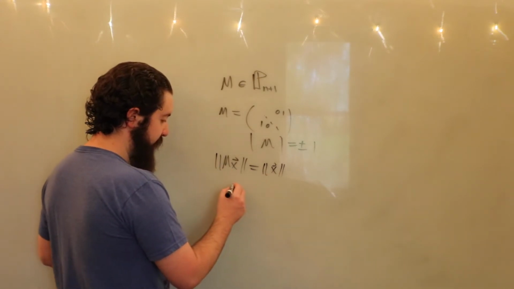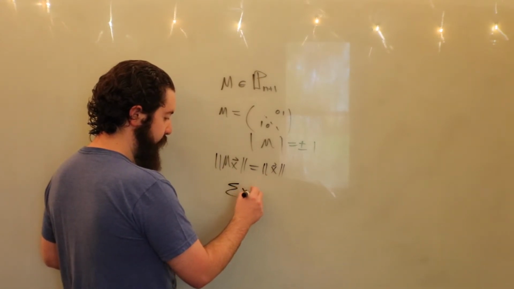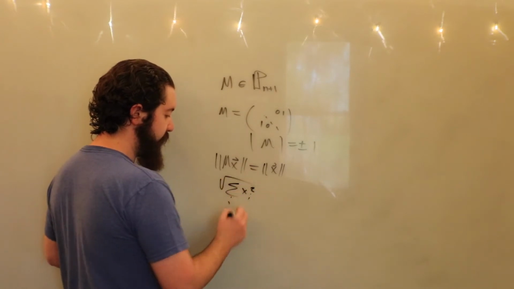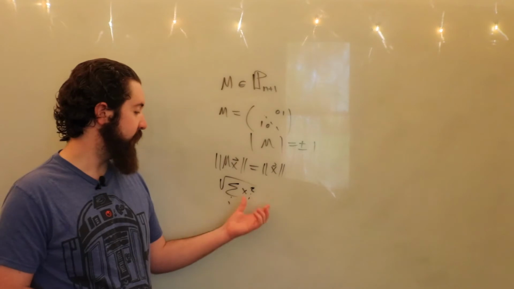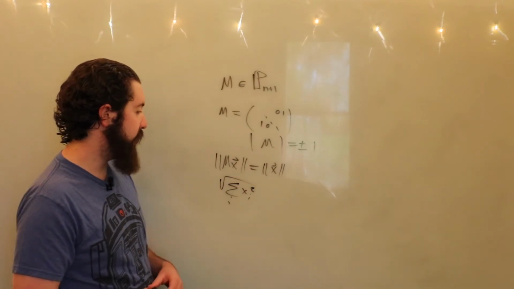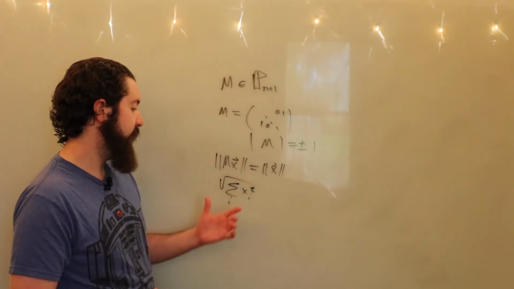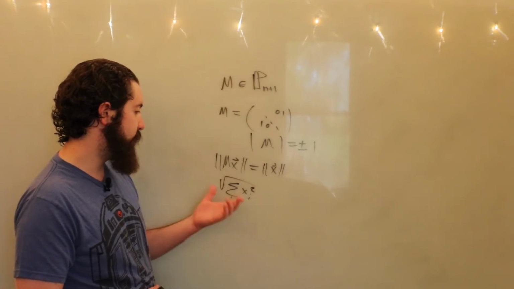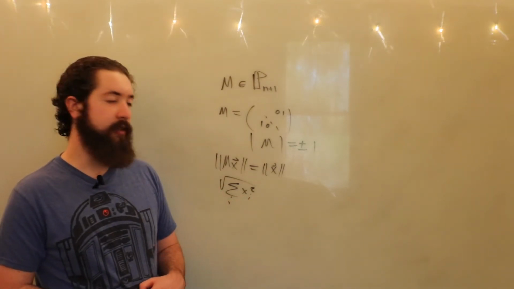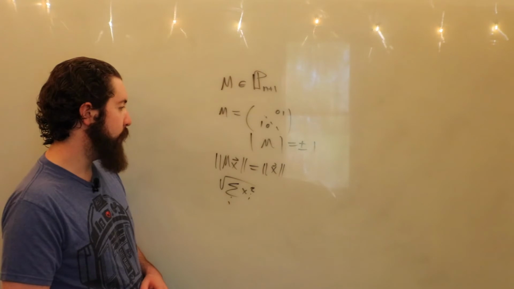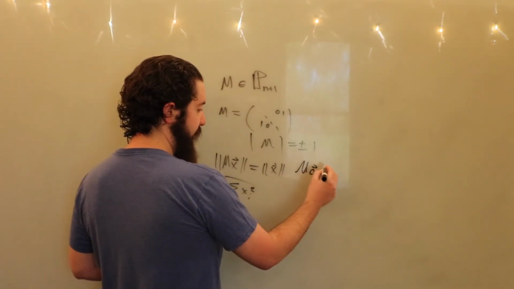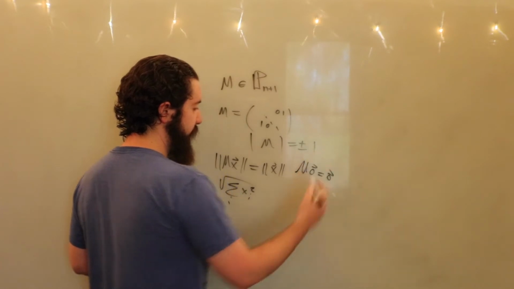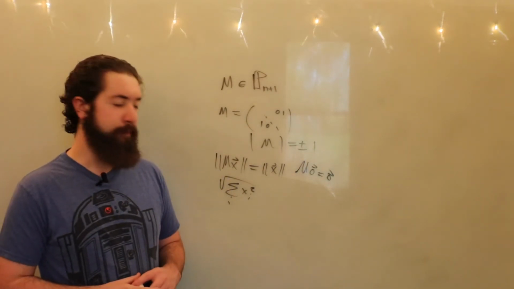The norm of the vector is going to be the sum of the components squared and then the square root, right? But if we simply permute the components of this vector in some way, this sum and thus the square root is not going to change at all. And one more fact also, m acting on the 0 vector is just going to be the 0 vector.